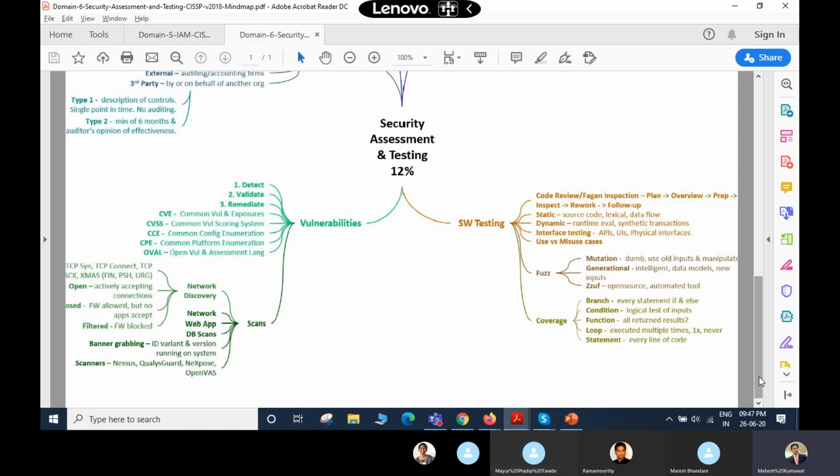So at least you should have good basic knowledge of Python or Java, whatever, any language. Python is the right thing for you currently if you are a security professional, because everything is going into Python.